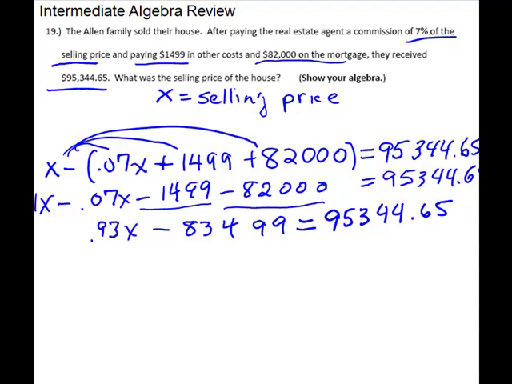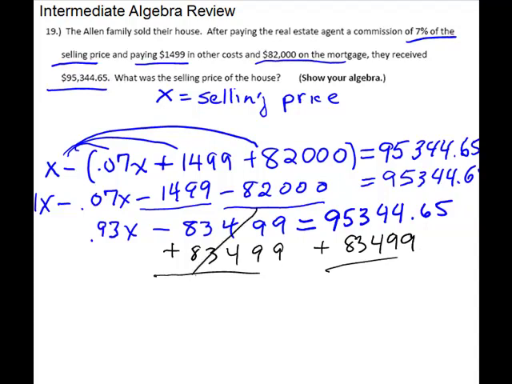And now you're going to solve. So use your calculator. You will add this $83,499 to both sides. And that will give us 0.93x equals $178,843.65.